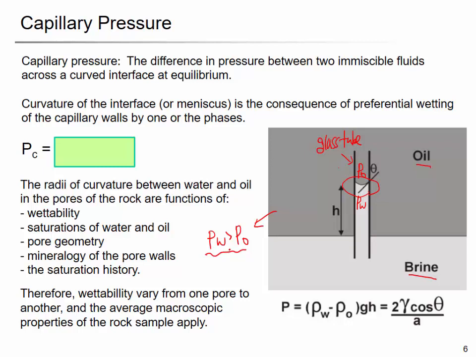Here, because the glass is hydrophilic, the wetting fluid is brine, right? And the non-wetting fluid is oil. So non-wetting fluid pressure minus wetting fluid pressure is called the capillary pressure. Sorry, it's the other way. So wetting fluid pressure minus the non-wetting fluid pressure.